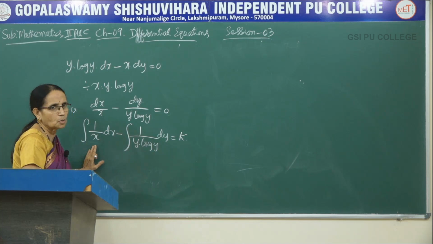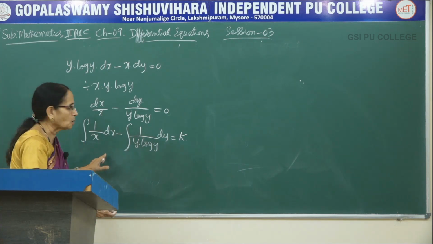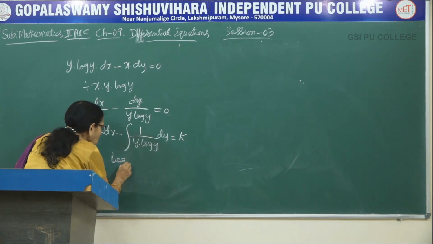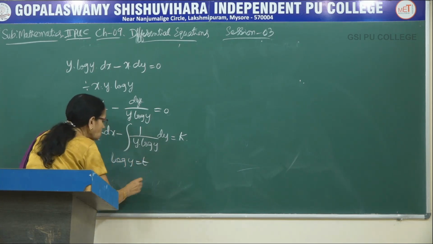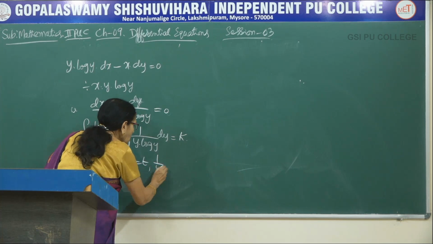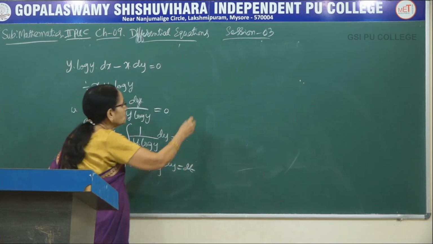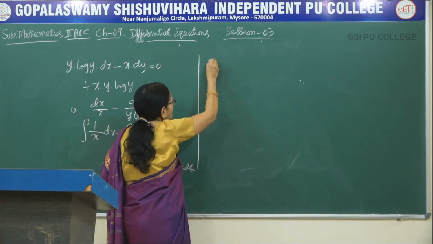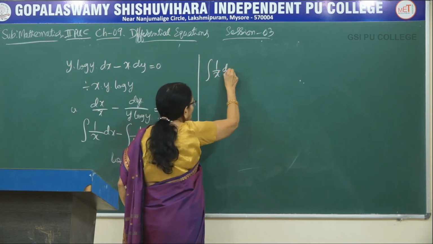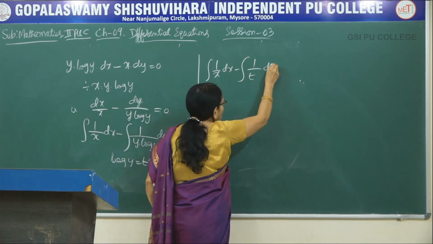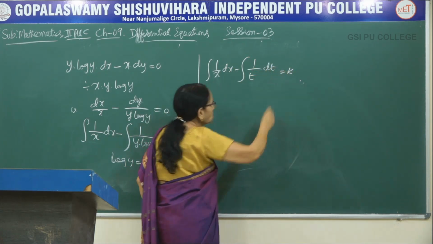Only the first one you need not do, because it is a direct function. So here we write, let log y be equal to t, then we have 1 by y dy equal to dt. So the integral now could be rewritten as integral 1 by x into dx minus integral 1 by t into dt, that would be equal to k.